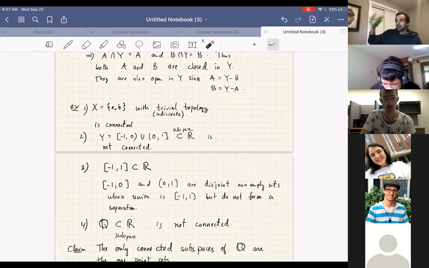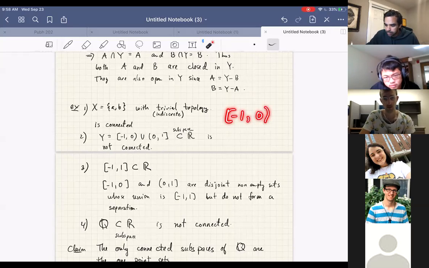You can write 2 open sets. Mm-hmm. What are those open sets? -1 inclusive to 0 and 0 to 1 inclusive. So for example, why is this an open set in Y? Subspace topology.